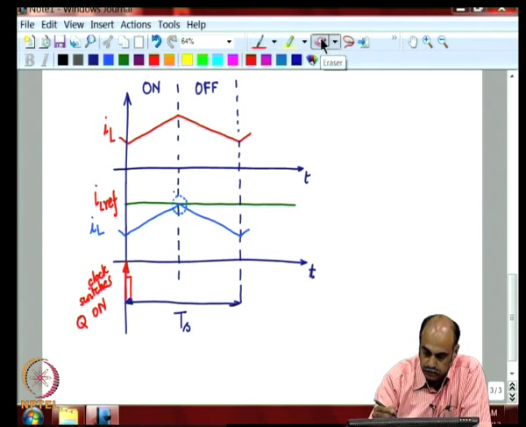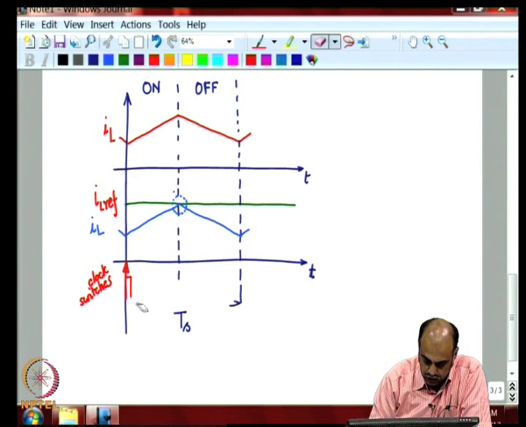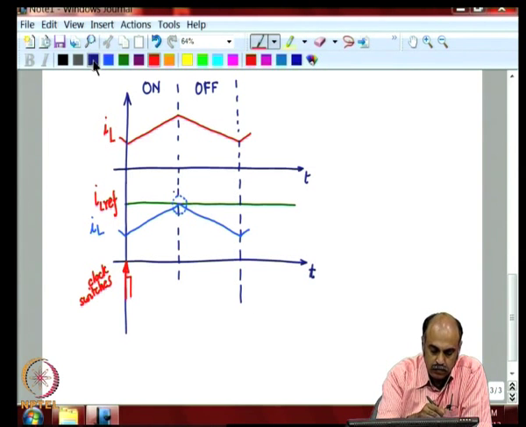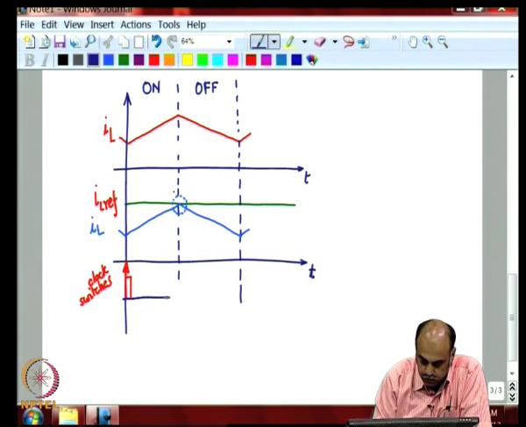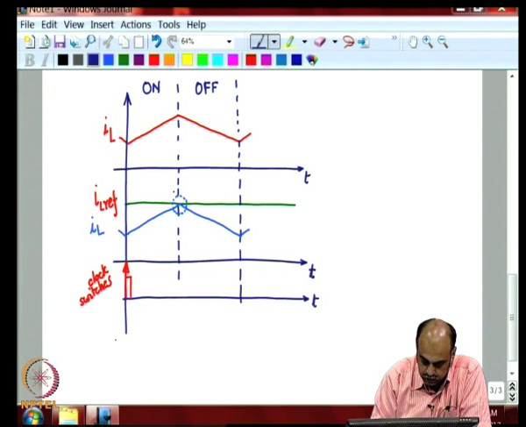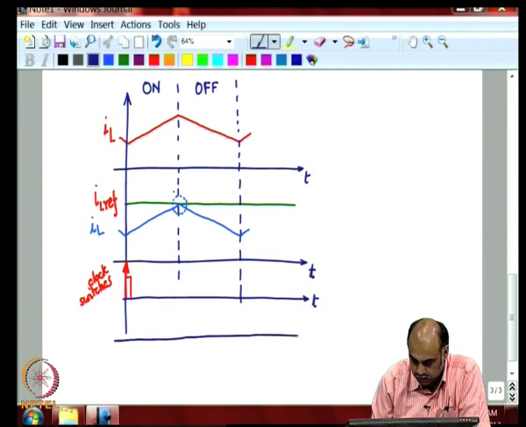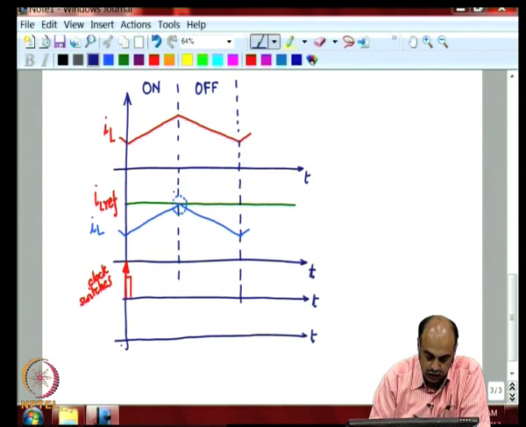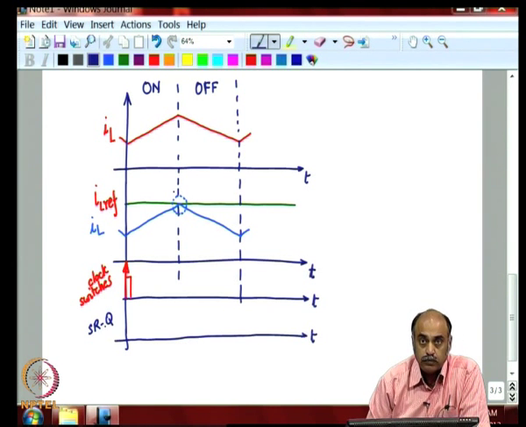so let me erase this portion and let us have two more axes here. Now, this is the SR latch's Q output.